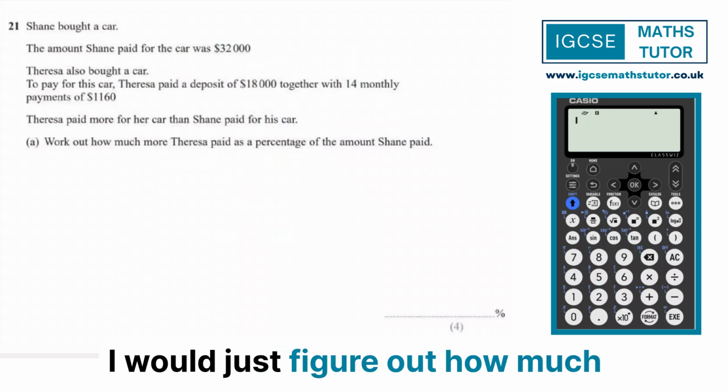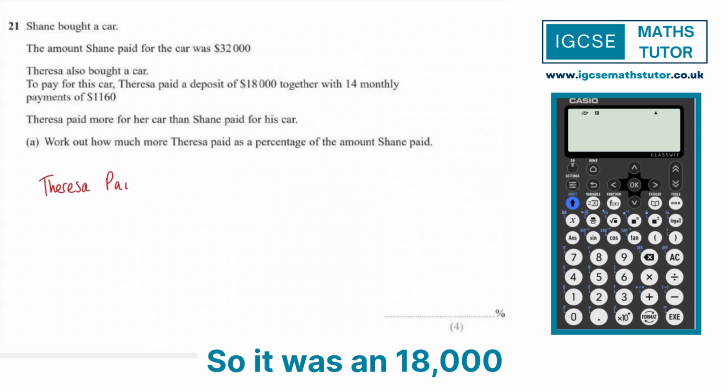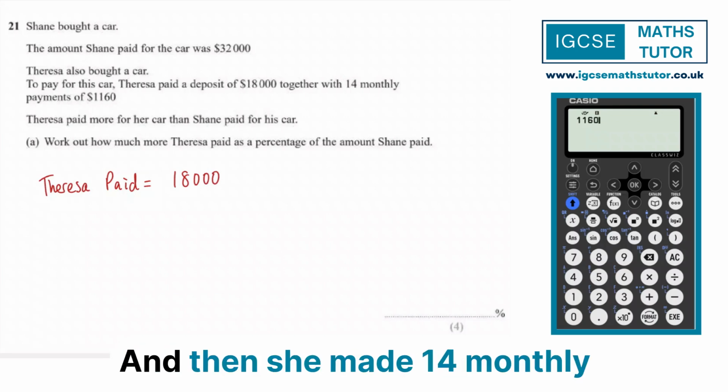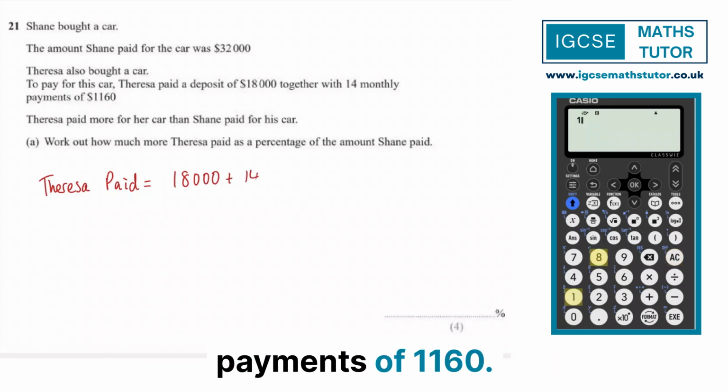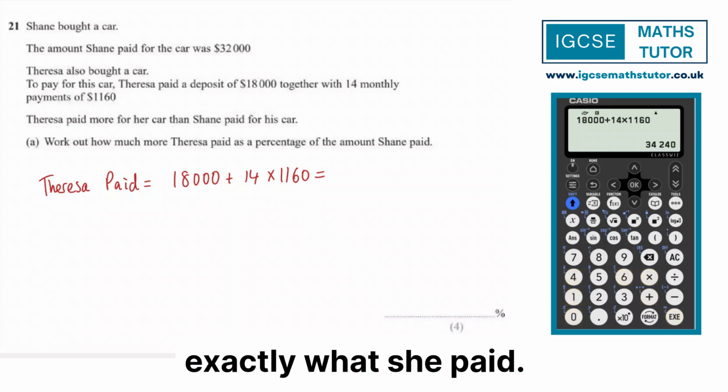I would just figure out how much Teresa paid to start with. So it was an $18,000 deposit, which means that's what she paid to start with. And then she made 14 monthly payments of $1,160. So if we do this sum, we're going to figure out exactly what she paid.